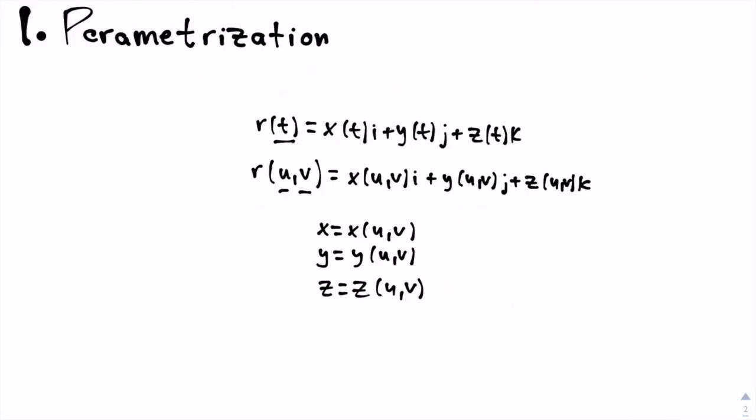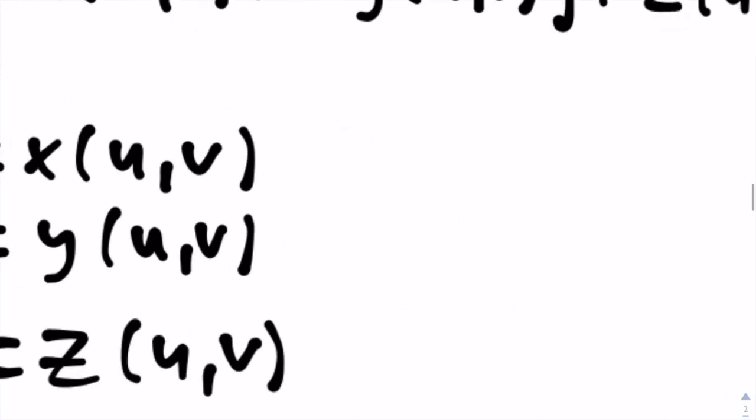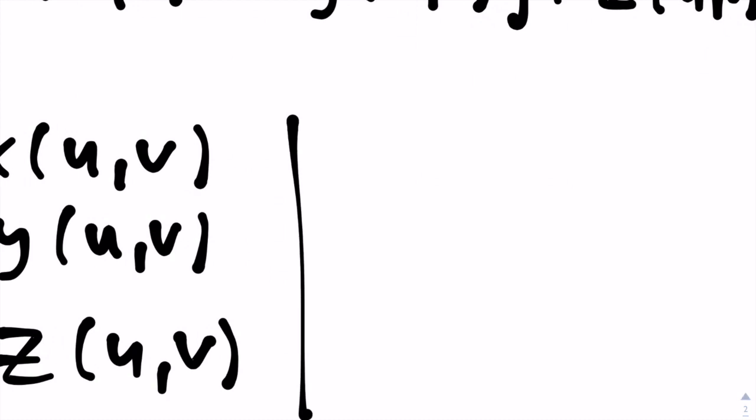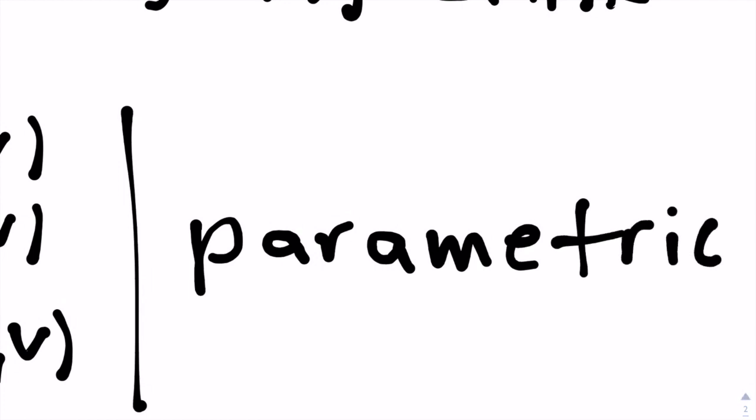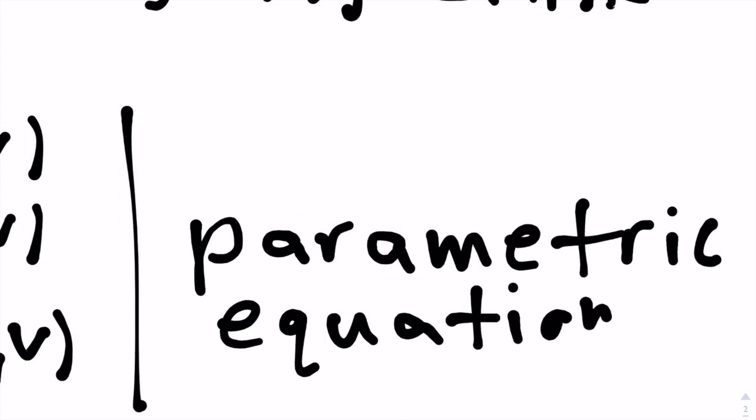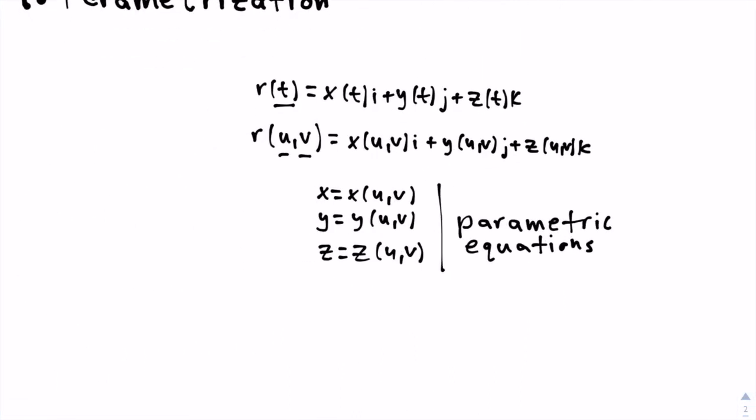And these will be known as our parametric equations. Let me just write that out. There. And hence we have our x, y, and z components all for a function r, and we can say that this holds true for any point x, y, z in 3D space.